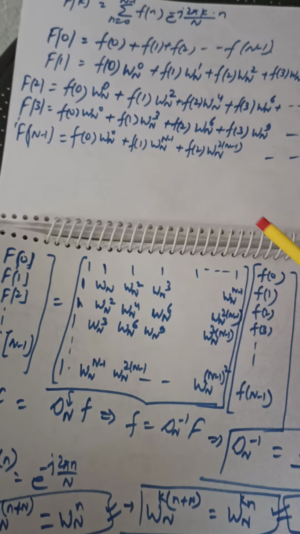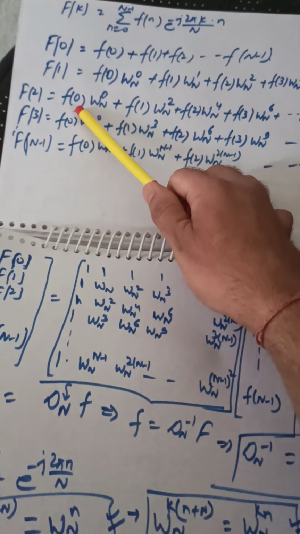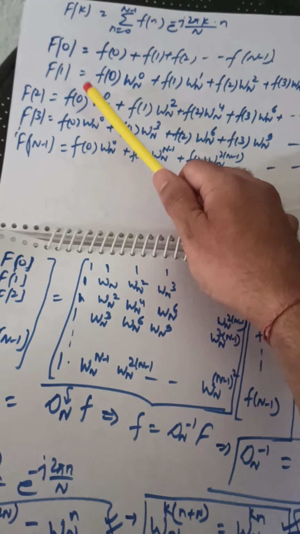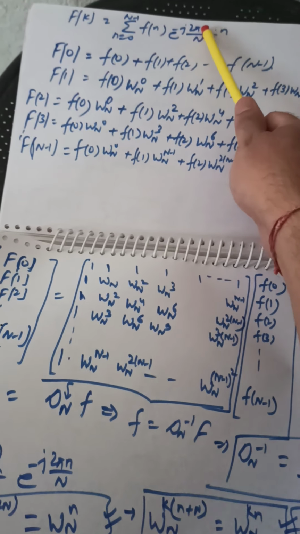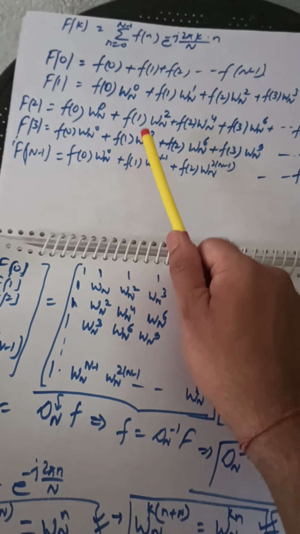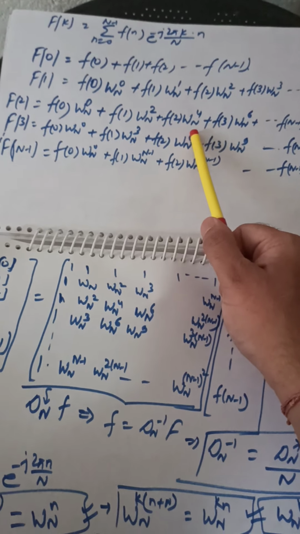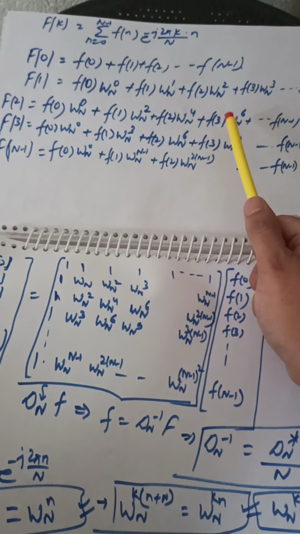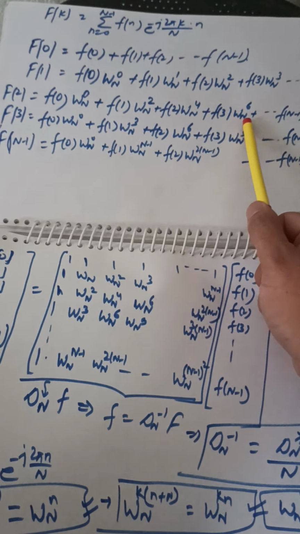Now have a look at this F of 2. F of 2 will be nothing but n is 0, k is 2, so f of 0, W_N^0. In the second term, k is 2, n is 1, so this will become f of 1, W_N^2. Again this is f of 2, W_N^4. So this is f of 3, where k is 2 and n is 3.